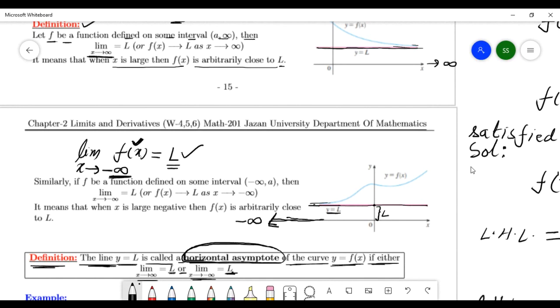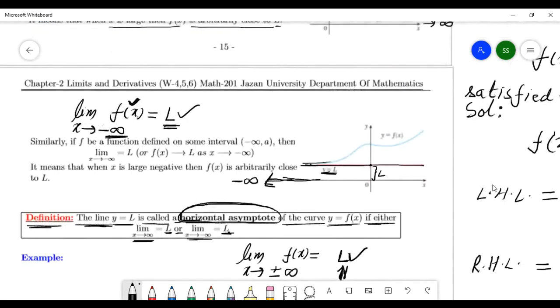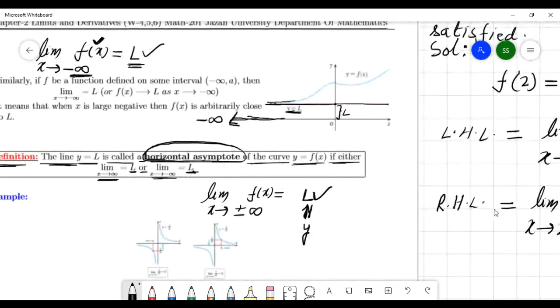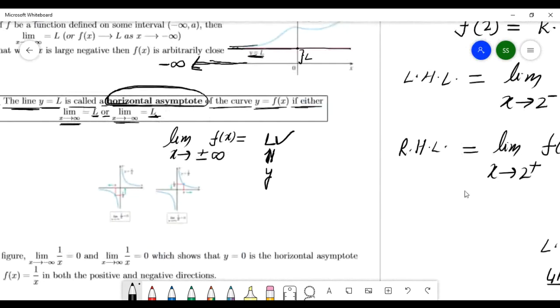Okay, so this line is y equal to L. And here x goes to minus infinity and the function comes close to this line, y equal to L. This y equal to L is called a horizontal asymptote. Just remember.